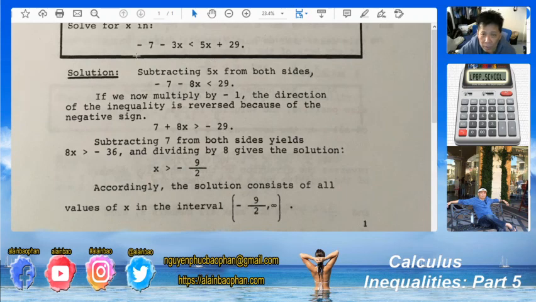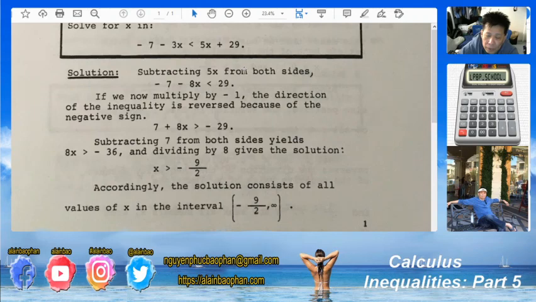This time they ask, what set of real numbers x will make the square root of 1 minus 2x a real number? That means they didn't give us any sign here, less than or equal, but we understand it's a square root of something. So everything inside the square root has to be a non-negative number.